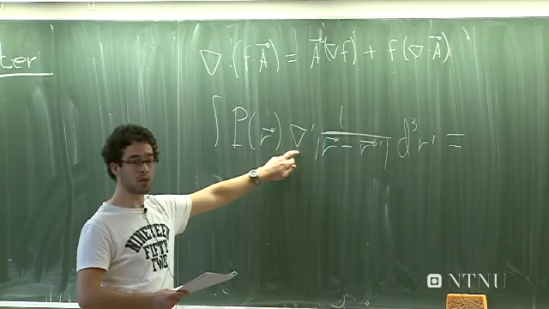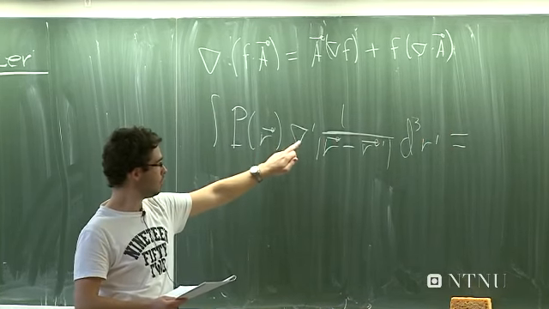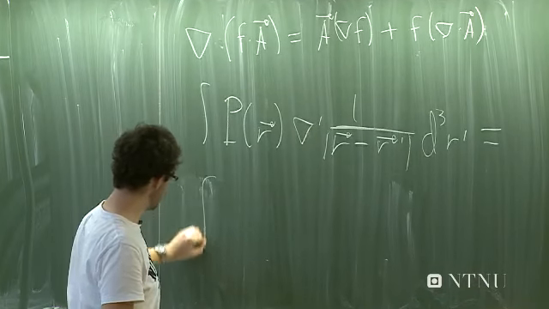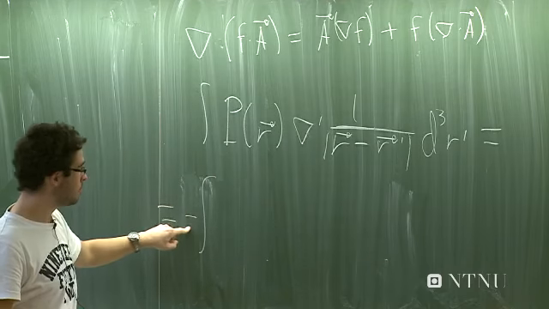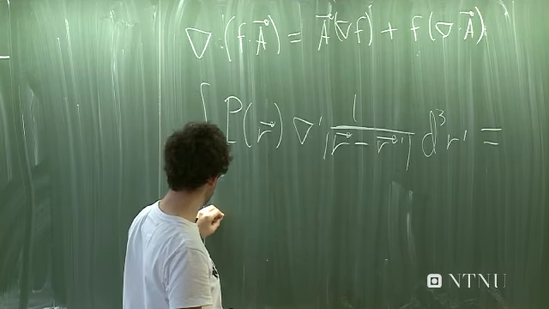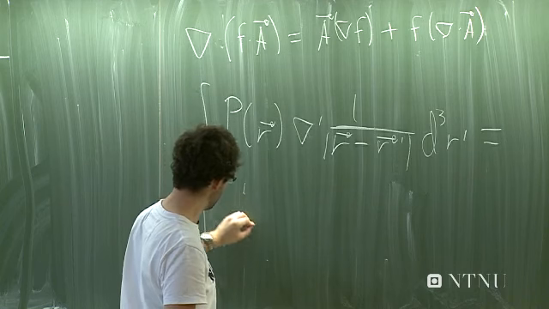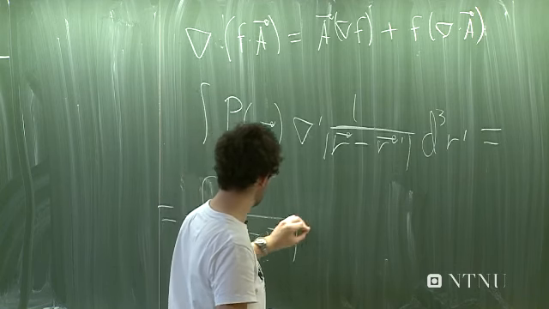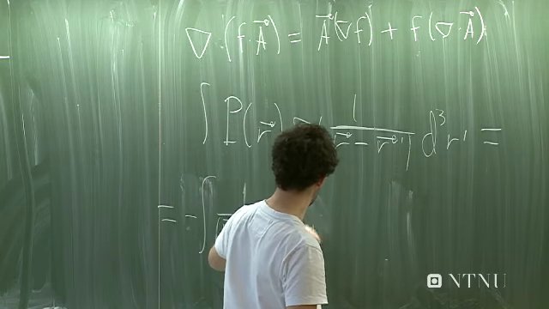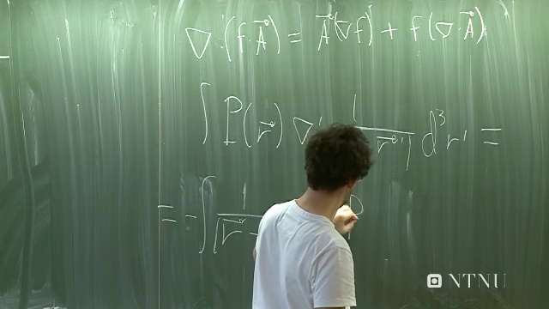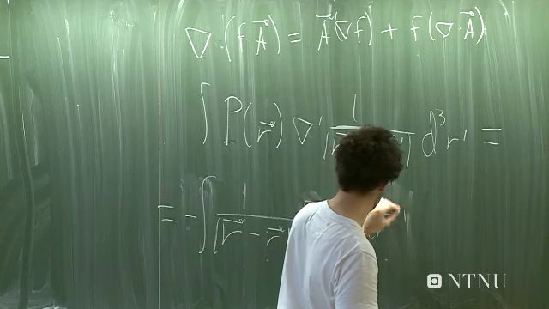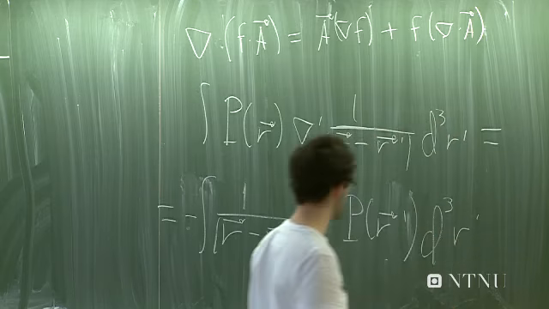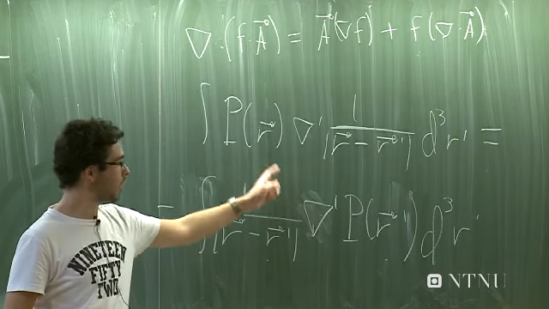So I essentially just swapped where the nabla is working. So it looks like this, with a minus sign, like this. And now why can you swap this?